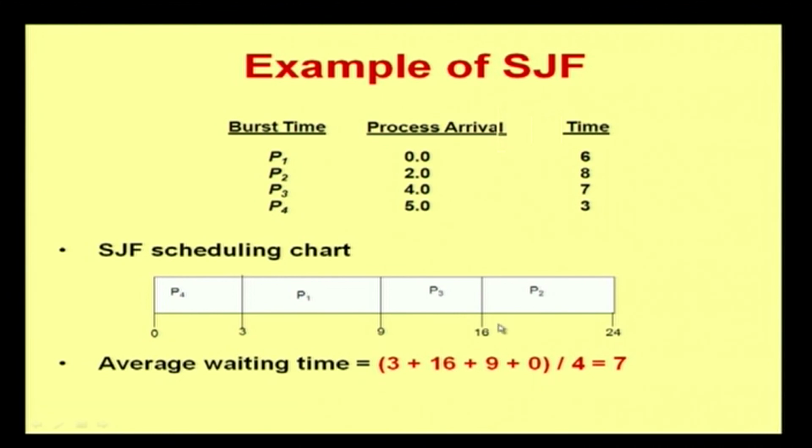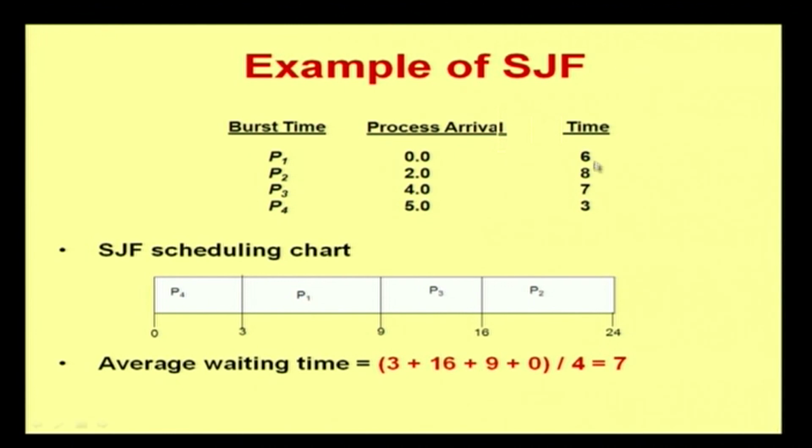P2 takes 16 milliseconds to start. P3 takes 9 milliseconds to start. P4 takes 0 milliseconds to start. So 3 plus 16 plus 9 plus 0 divided by 4. Why 4? Because there are 4 processes, so we divide by the total number of processes. When you add and divide by 4, you get a value of 7. So that is an example for shortest job first.